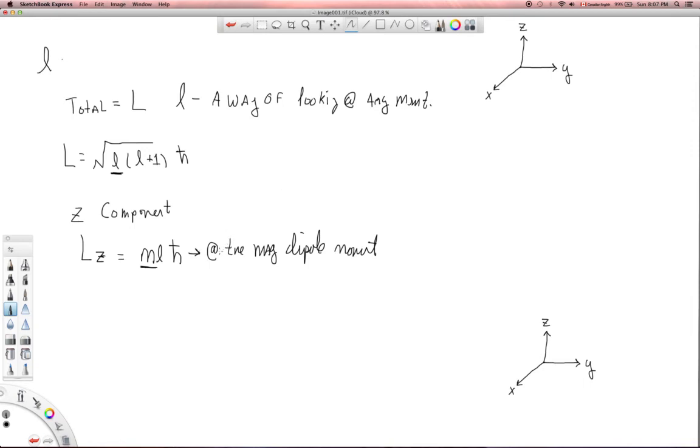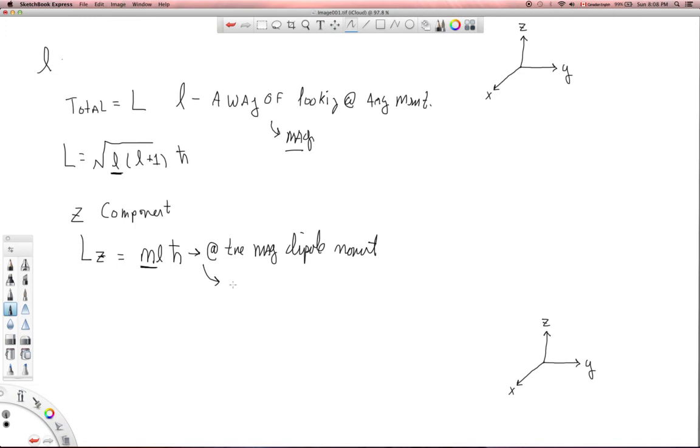More specifically, l is just a way of looking at angular momentum. It's kind of like the magnitude, not exactly, but kind of like, what's the magnitude?